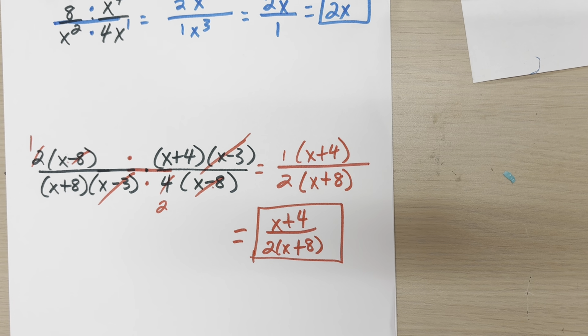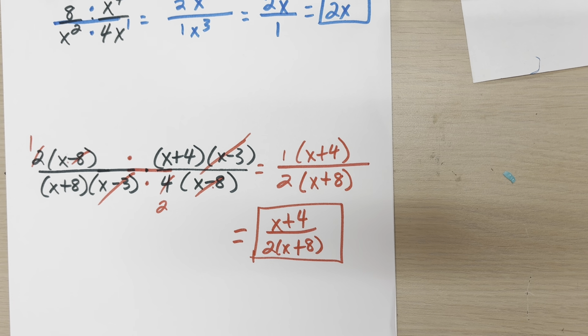Now, some teachers also want to know about domain restrictions. So, think about what that would look like in a problem like this. You would not want a 0 on the bottom of a fraction, right? So if you're looking at these up here, we can also say that x can't be equal to 0, because if it were, we wouldn't be able to do it, right? It'd be undefined. Same thing here.